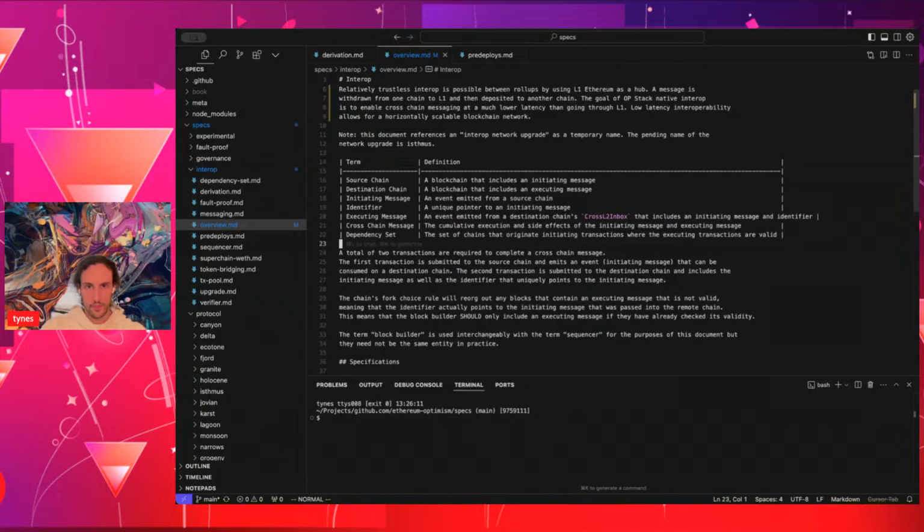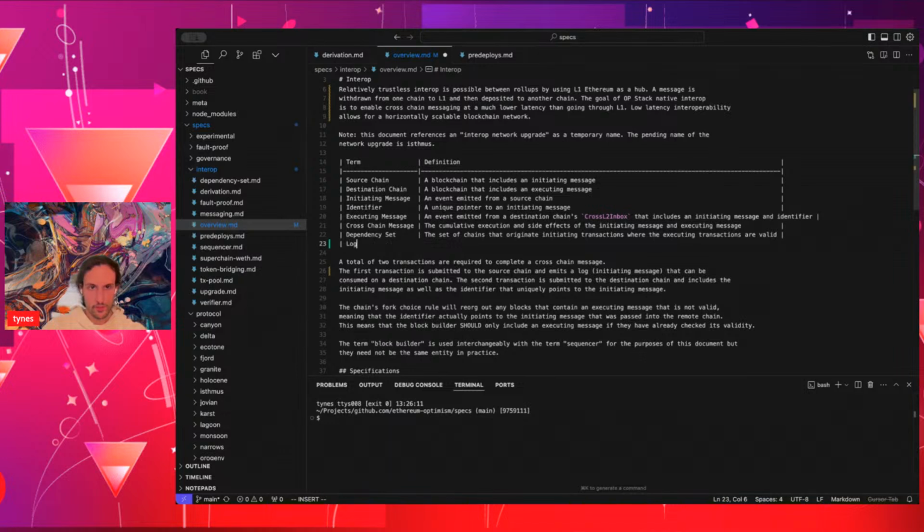So it emits a log. Maybe in here we want to add the term log.